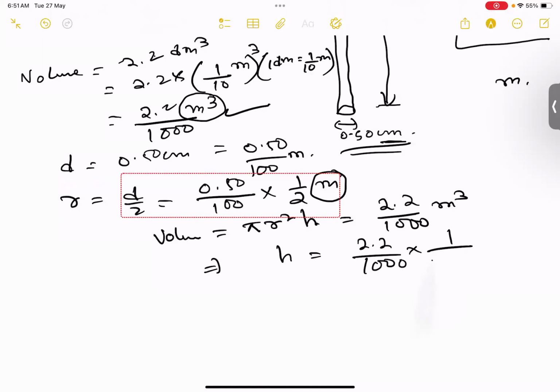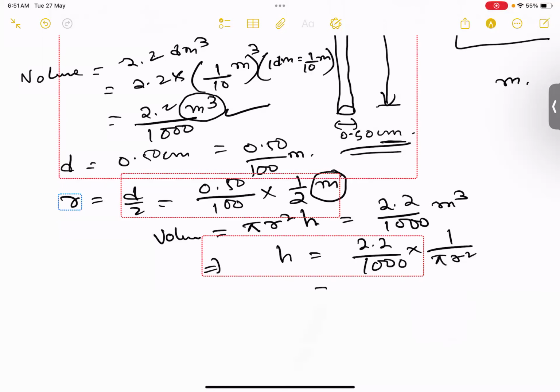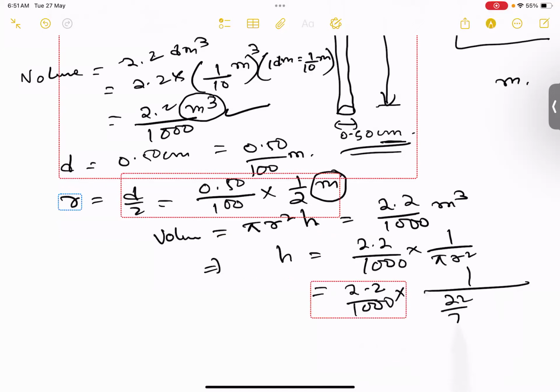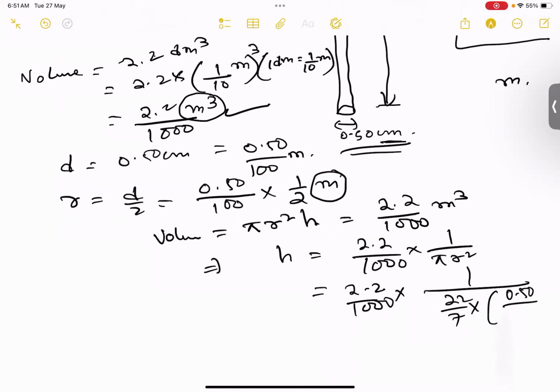So 1 by r square. So it's equal to 2.2 by 1000 into 1 by 22 by 7 into 0.50 by 2 into 100 whole square. If you solve this, you will get the answer as 112, okay?